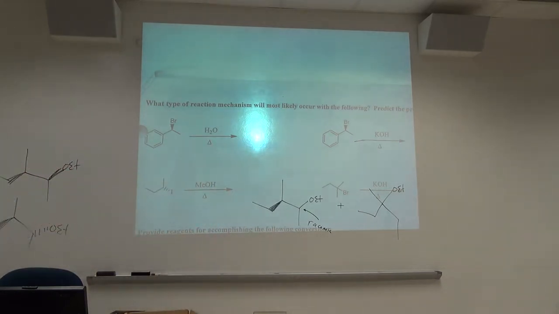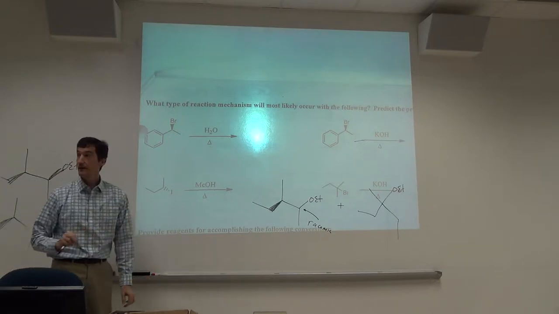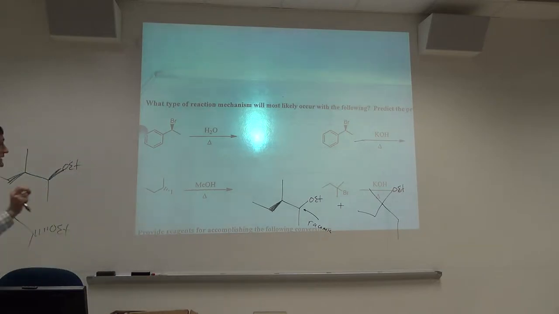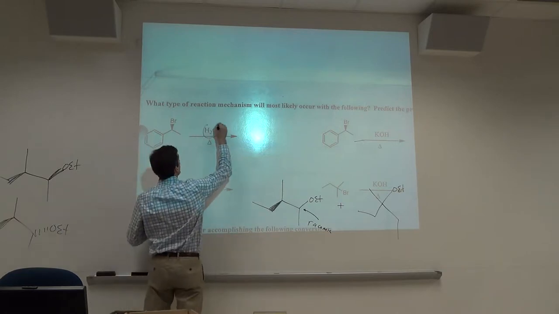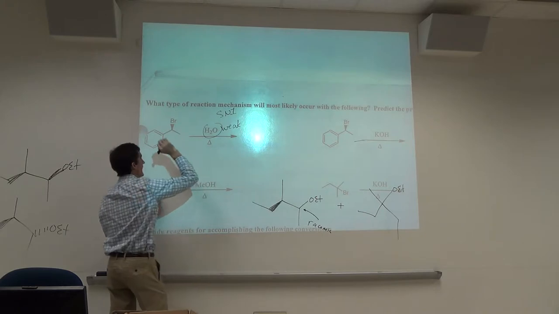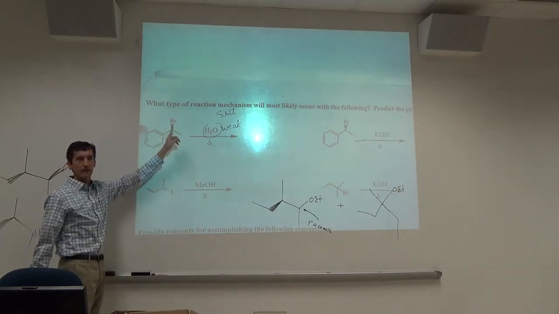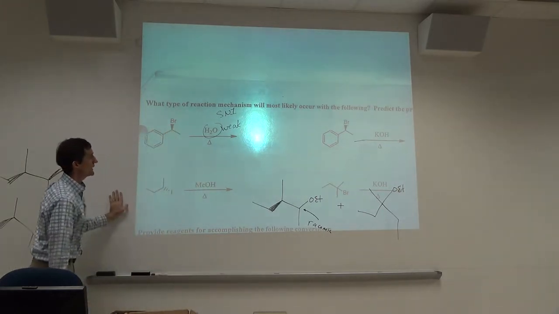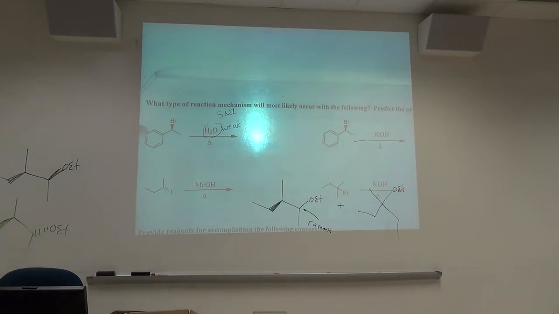I heard SN1. Anybody else? Camille? SN1, why? Because it's a weak nucleophile. Weak. Lazy. SN1. The only thing that can happen here is this is going to ionize. Okay, show the product then, including stereochemistry.